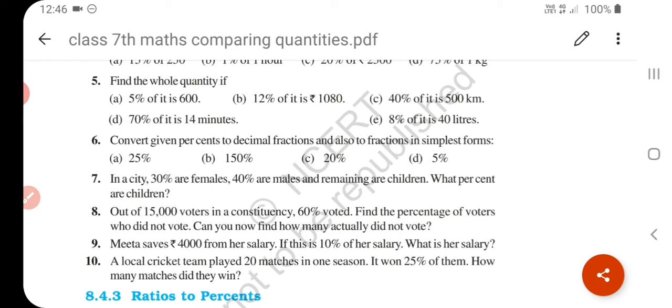Now question number 6 is convert given percent to decimal fraction and also to fraction in simplest form.